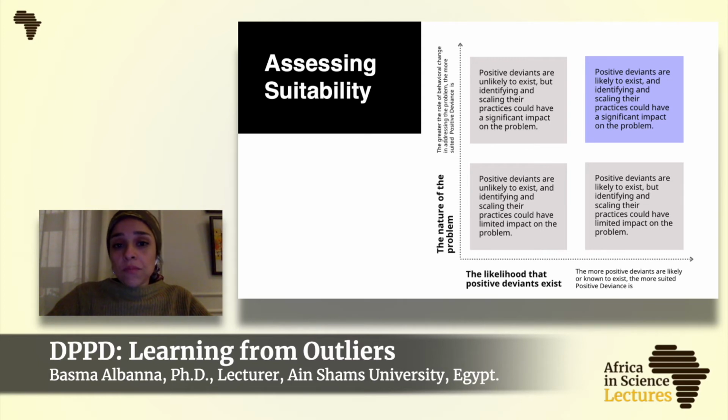Ideally, in this diagram, we would like the problem to lie in this quadrant, where positive deviants are likely to exist, and identifying and scaling their practices could have a significant impact on the problem because the problem is an adaptive problem and might require behavioral change.